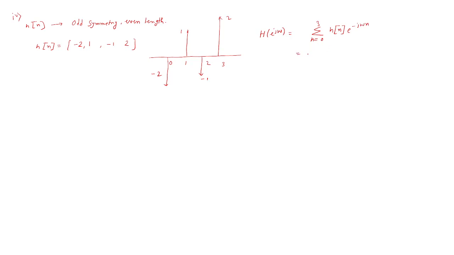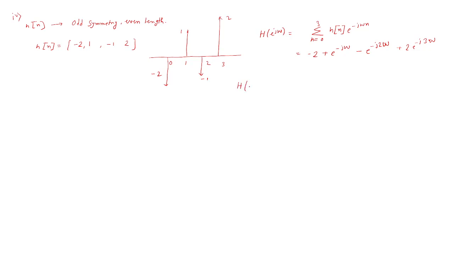This corresponds to minus 2 plus e to the power minus j omega minus e to the power minus j 2 omega, and 2 e to the power minus j 3 omega.